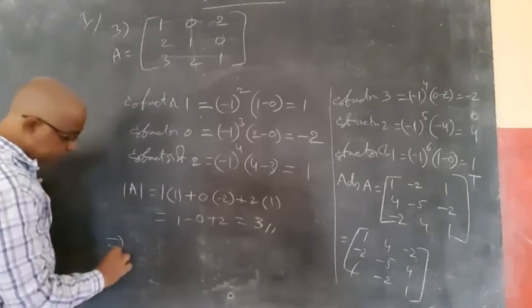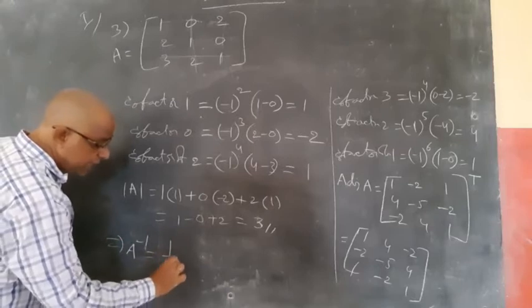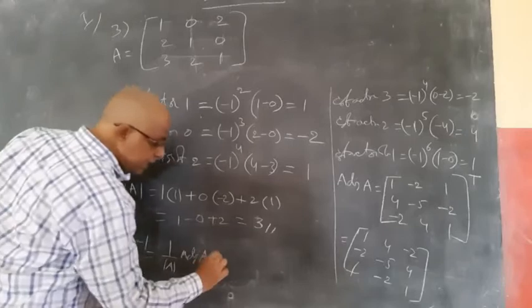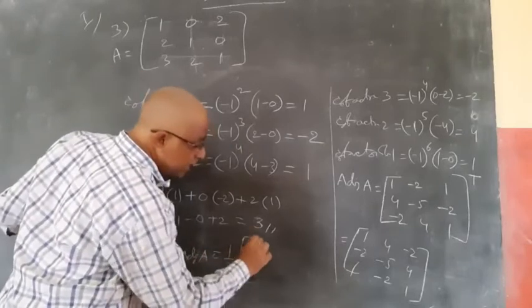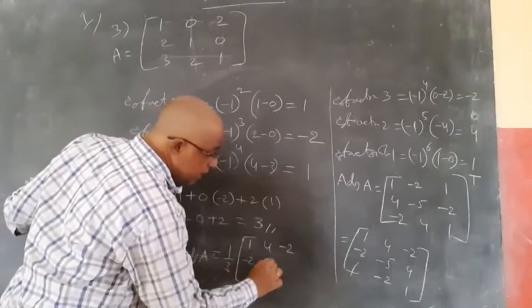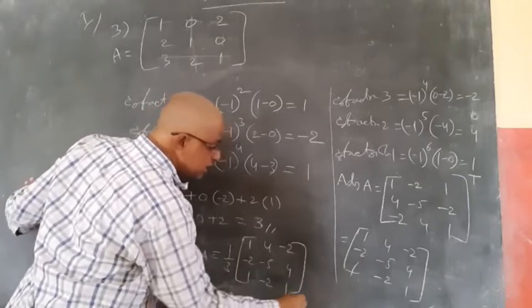Now A inverse equal to 1 by det A into adjoint A. 1 by det A into adjoint A equal to 1 by 3 into adjoint A we got, which is 1, 4, minus 2, minus 2, minus 5, 4, 1, minus 2, 1. So this is A inverse.